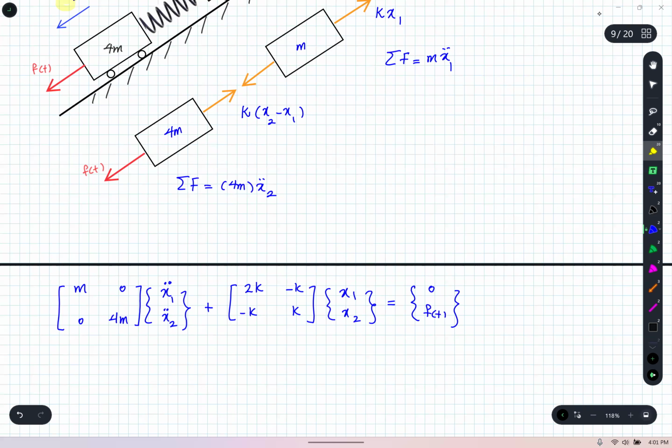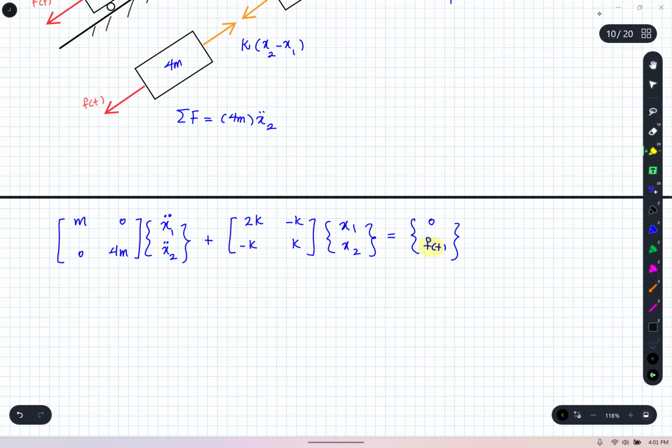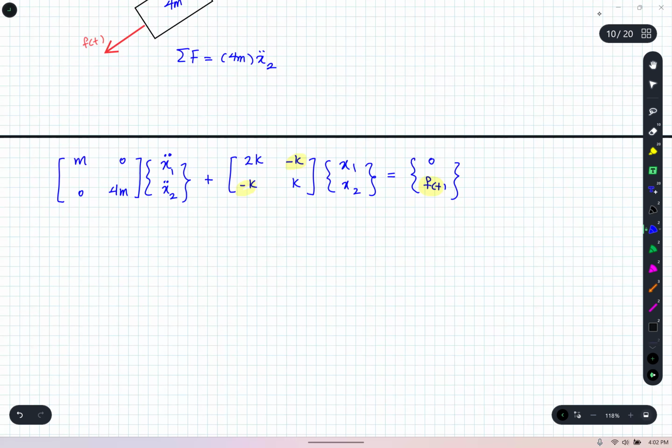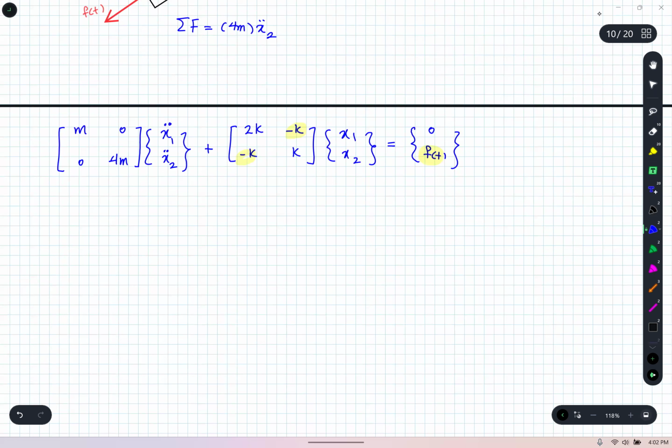Remember, the question asks us for a general problem, so ft can be any force. All right, I need to decouple these problems because to solve the differential equations, these elements make the equations coupled together, so we're not able to solve them. To do that, we need to repeat some steps, which are common for all the problems.